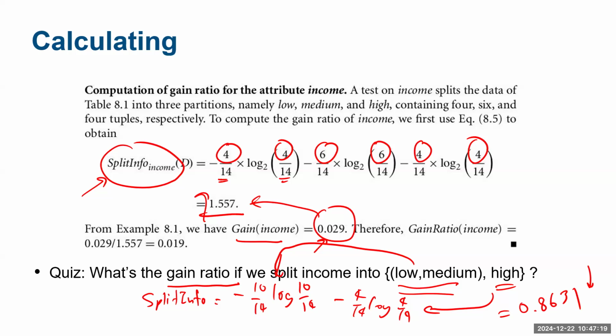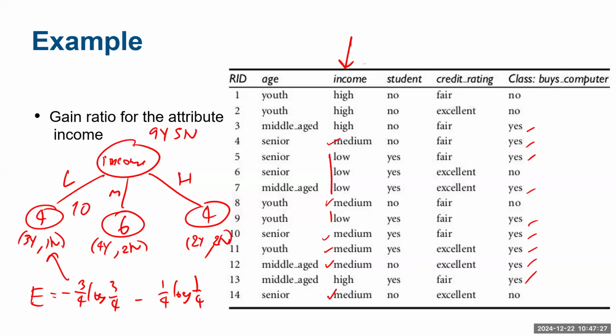You want the one with higher split info. When you combine 4 and 6 together, you get 7 yes and 3 no. But if you split, you get almost perfect on the left side, with yes dominating, more yes on this side compared to this side.